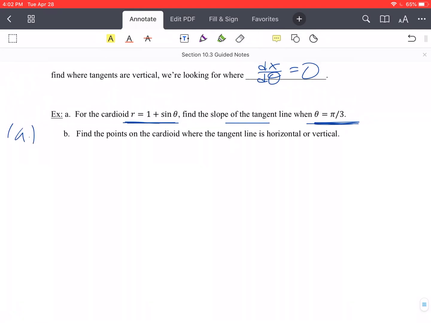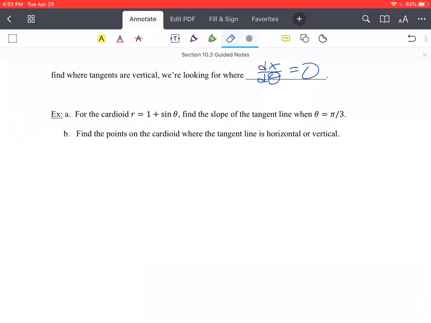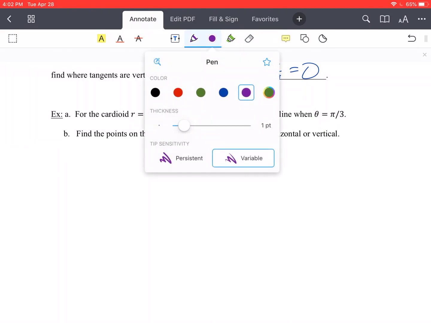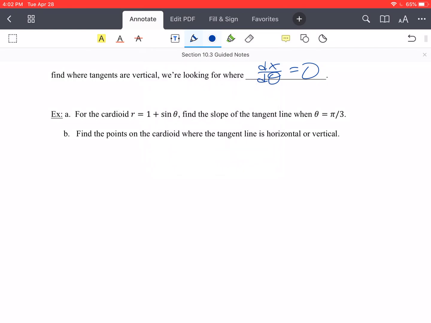Okay, so now we're going to look at part B. That says, find the points on the cardioid where the tangent line is horizontal or vertical. Okay, so in order for it to be horizontal, we need the dy d theta to be 0.